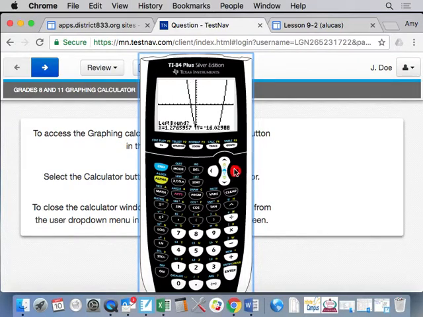I need to trace and move over to the other side. There it is. So this is my left boundary. This is my right boundary. So I hit enter and then enter again. 7.358, so 7.36.